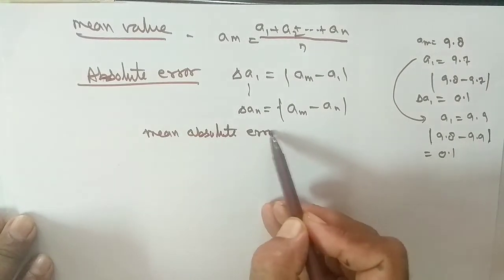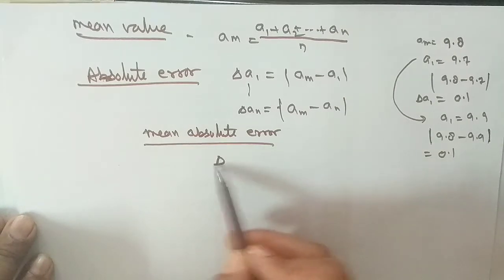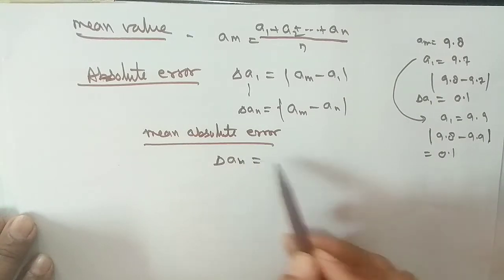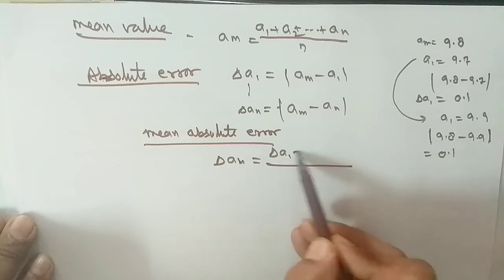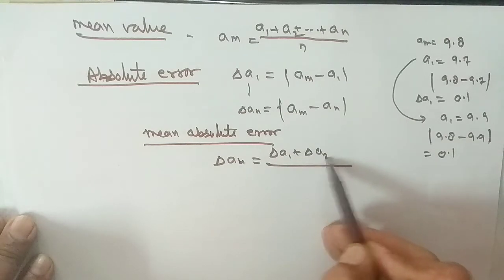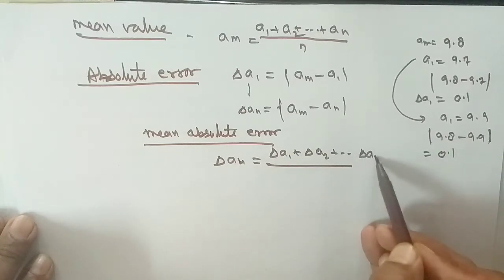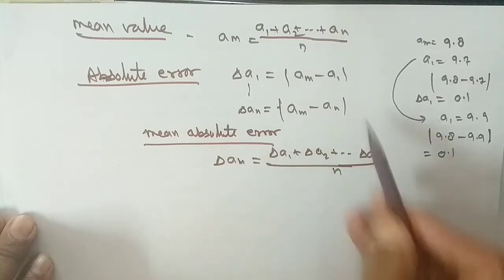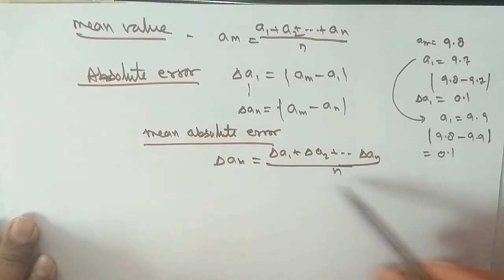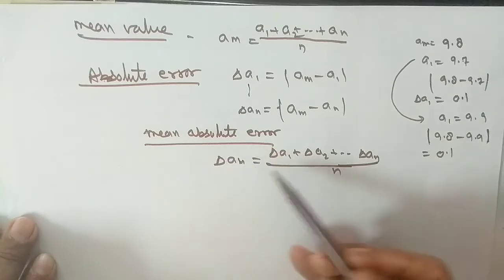And you take the mean absolute error. Mean absolute error means delta AM is equal to delta A1 plus delta A2 and so on up to delta AN, upon N, where delta means the difference. So take the average of all the absolute errors, it will give the mean absolute error.